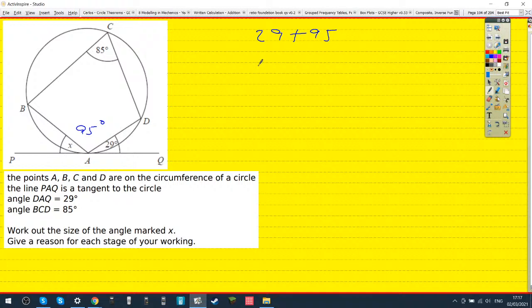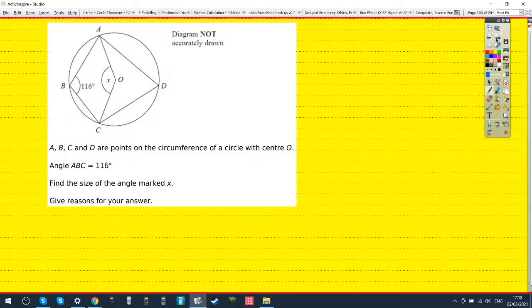And 134 minus 180 is 46. 124, I think, is it? Is it 124? Yeah, I think it's 124. So what's that going to be? So that would be 56. Well, no, 56. Yep.